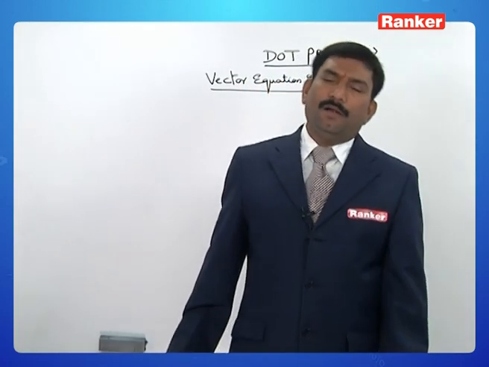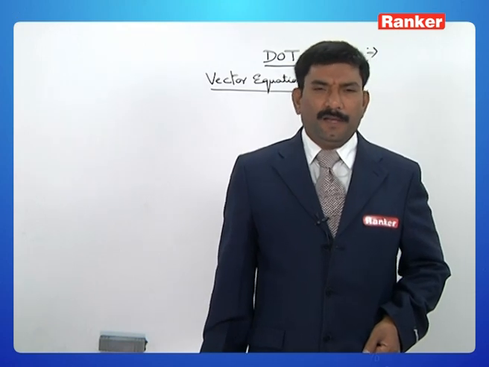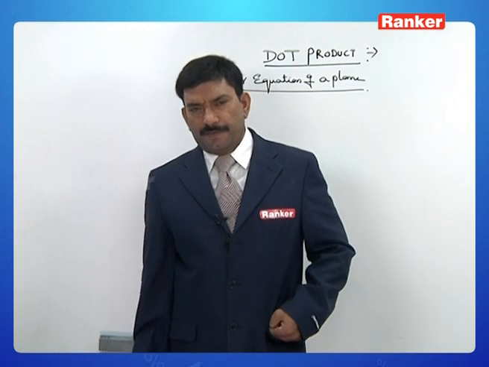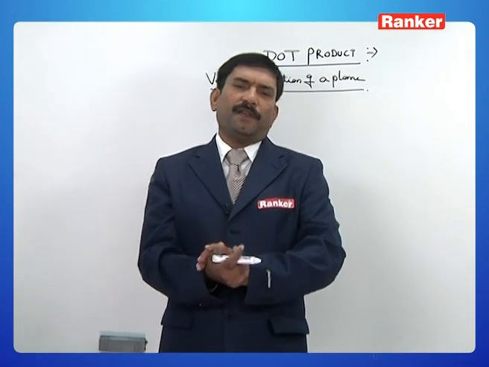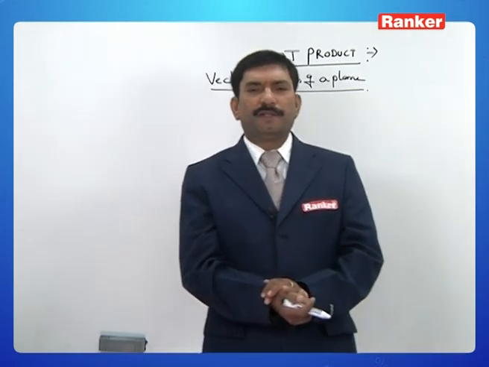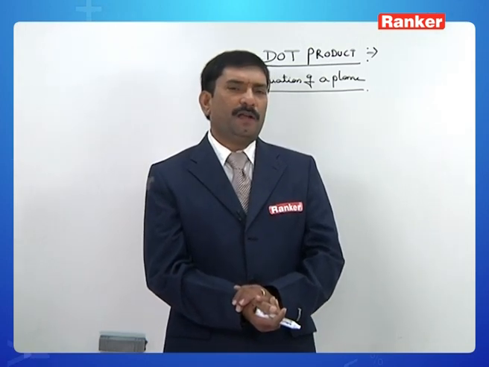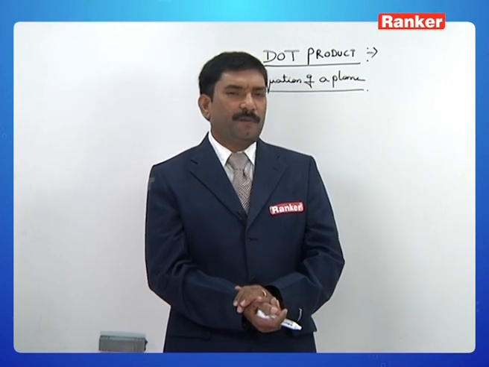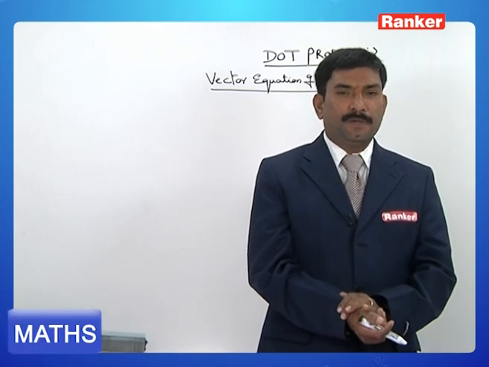Already you have come across planes in the addition of vectors. The first one is the vector equation of a plane passing through the point A bar and parallel to the vectors B bar and C bar, given by R bar is equal to A bar plus S B bar plus T C bar.